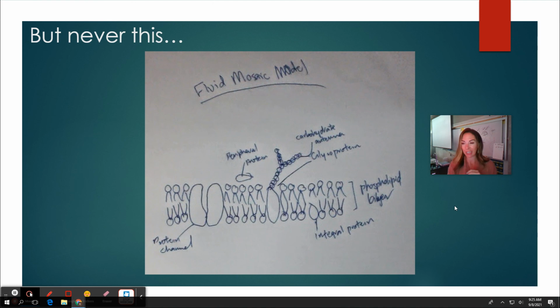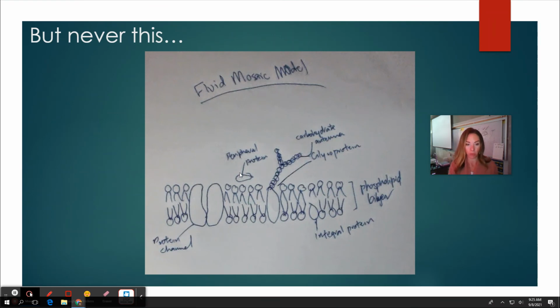Just make sure we're taking our time when we draw things and having them correctly labeled. So why is this wrong? It's not necessarily even the handwriting. I can read the handwriting, but look: the glycoprotein is not completely attached to what it's pointing to. The integral protein has that extra little doodad that goes that way, and we don't want that. The peripheral protein is not even attached to the cell membrane.